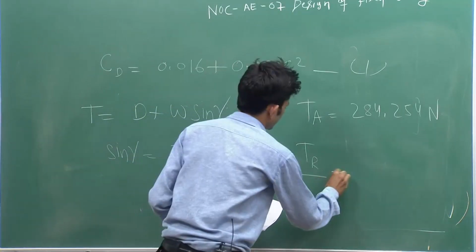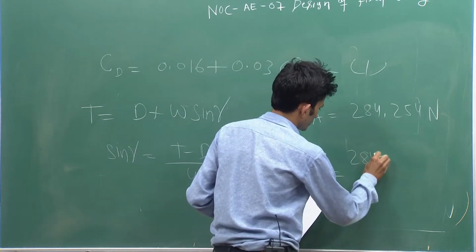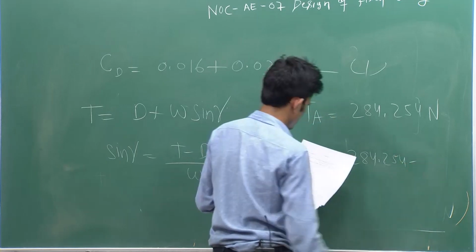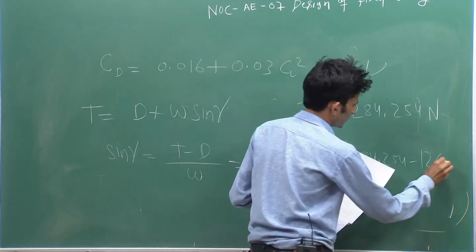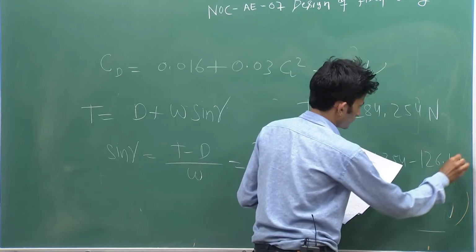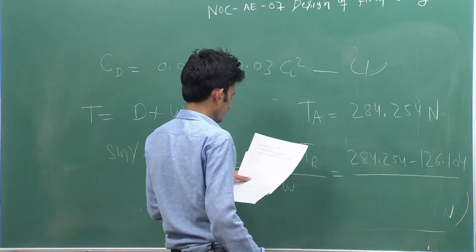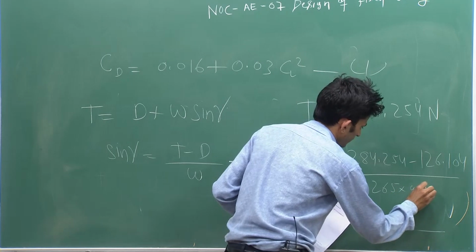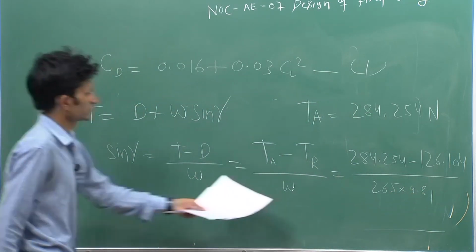So thrust available is given as 284.254, minus thrust required, which you have found out as 126.104, divided by 265 into 9.81. So sin gamma is this much.